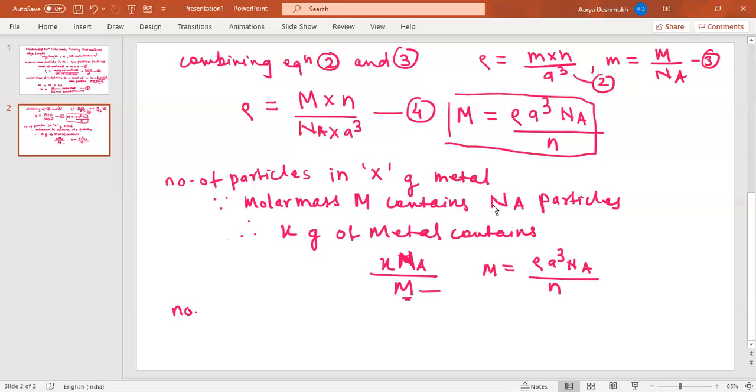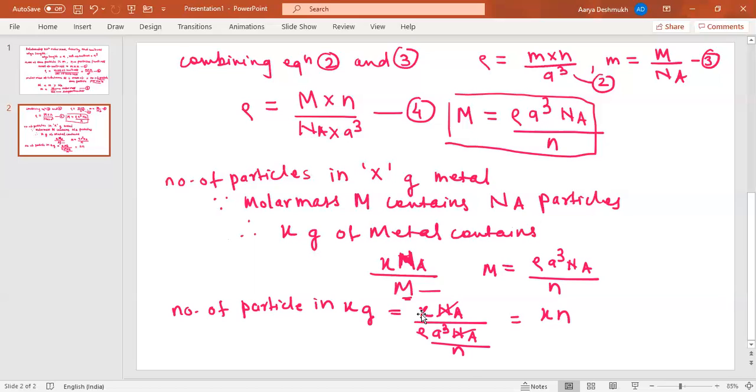Now number of particles in x gram will be equal to x into Na divided by rho A cube Na divided by N. Okay, now cancel out this Na. Now you can write the same thing as x into N divided by rho A cube.